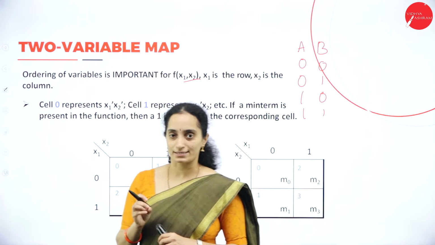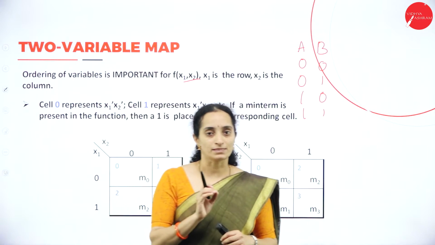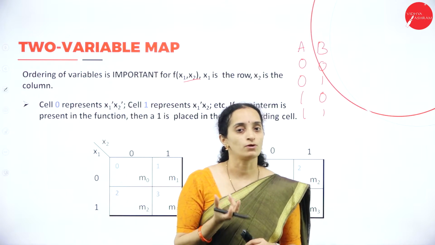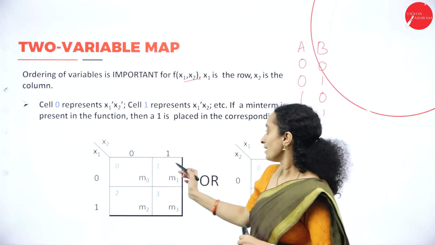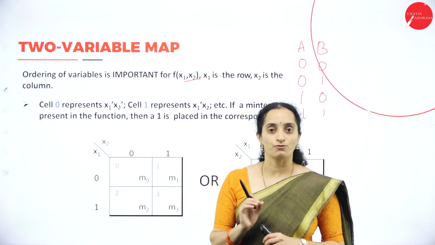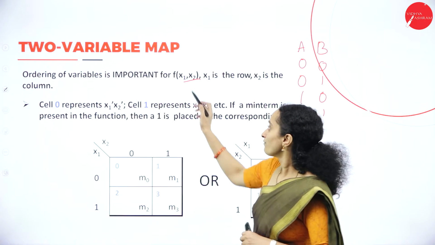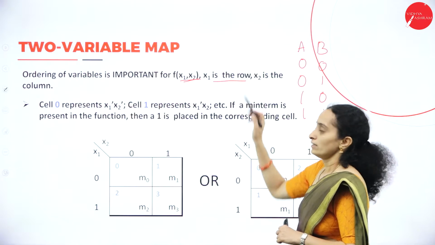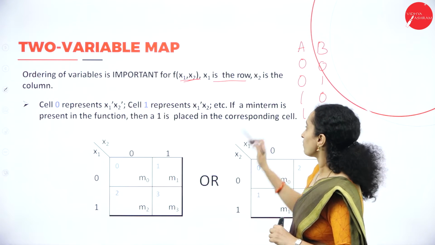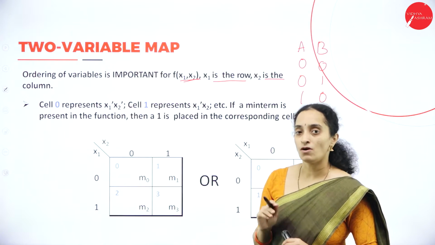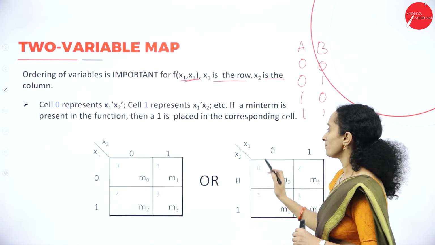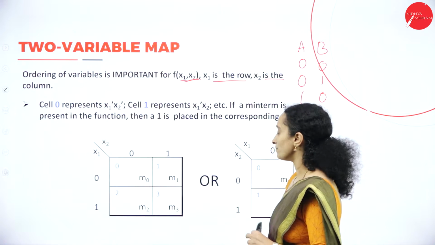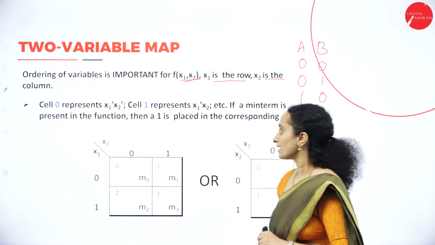In some cells, not all the cells, the value held by that cell will change based on the position of the variables. If you have two variables, x1 and x2, you can take x1 in the row and x2 in the column, or x2 in the row and x1 in the column. Not much difference in that.